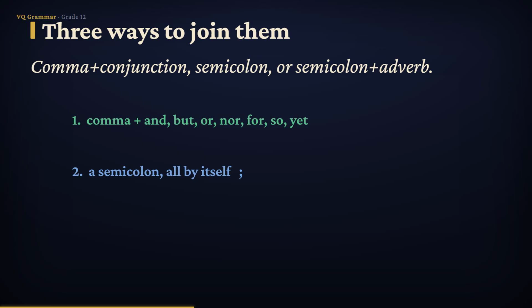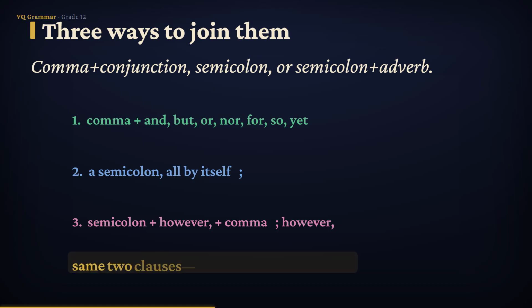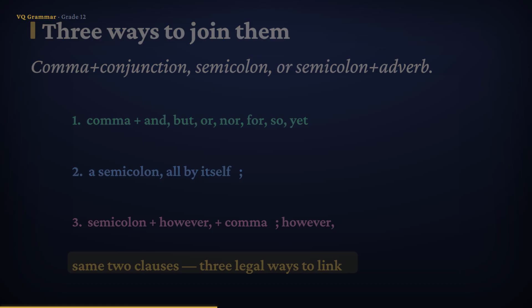"The library closed early; we studied at the diner." Third, a semicolon, then a conjunctive adverb, like however or therefore, then a comma. "The library closed early; however, we studied at the diner." Same two clauses every time, just three different ways to tie the knot.